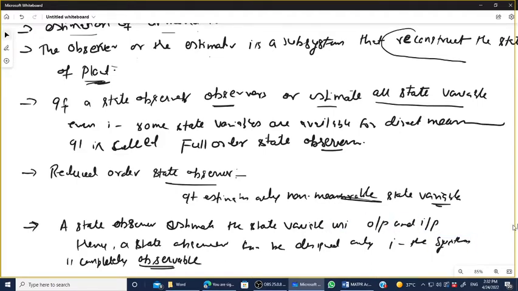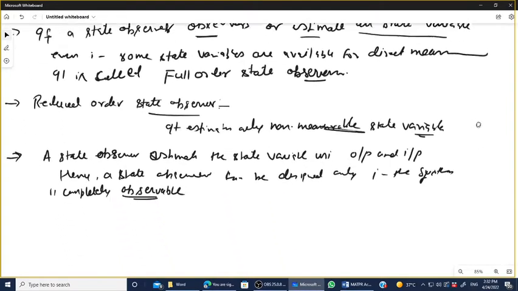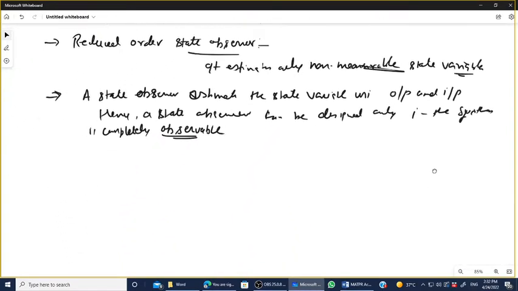And what is the easiest approach in order to design the observer?